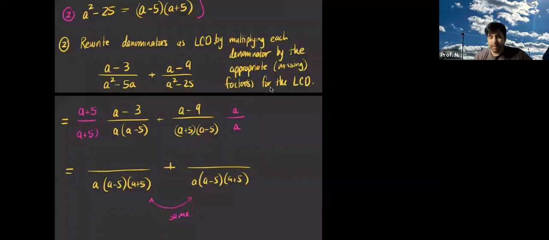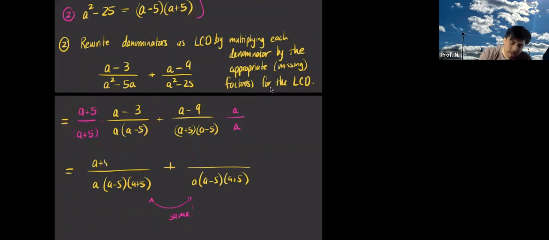Now, once we have the denominators the same, we have to take care of the numerators. So again, we're multiplying these fractions here. This is really going to be a plus 5 multiplied by a minus 3, and I'm really going to have a minus 9 multiplied by a. Sorry, these almost all look like a's.